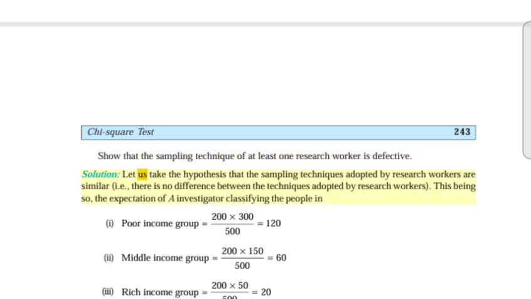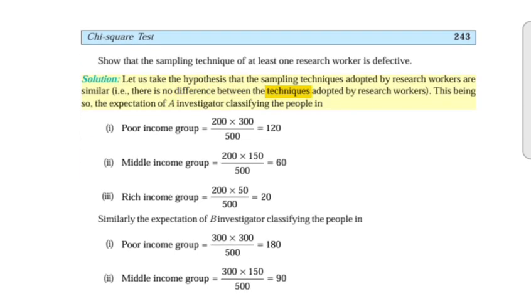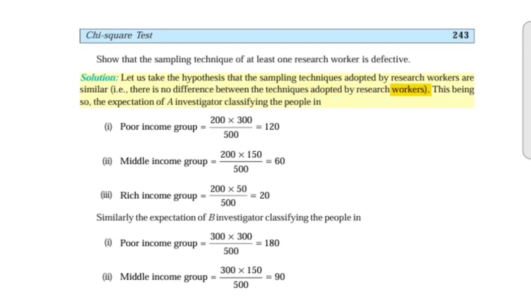Solution. Let us take the hypothesis that the sampling techniques adopted by research workers are similar, i.e., there is no difference between the techniques adopted by research workers. This being so, the expectation of investigator A classifying the people in the poor income group equals 200 times 300 over 500, middle income group equals 200 times 150 over 500, rich income group equals 200 times 50 over 500, that is 120, 60, 20.